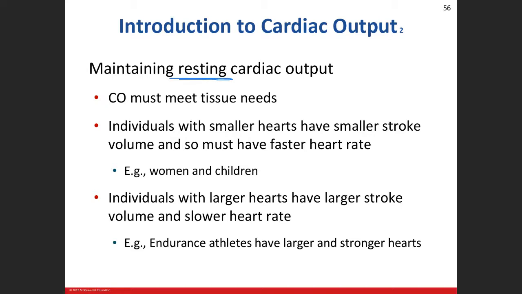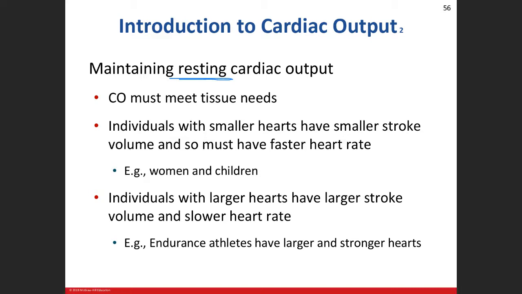But now, when we're dealing with the resting cardiac output, I'm going to use animals. Has anyone here ever seen the movie Gremlins, the original one? There's a scene in which they're watching a movie and comparing the heart rates for a bird versus an elephant.